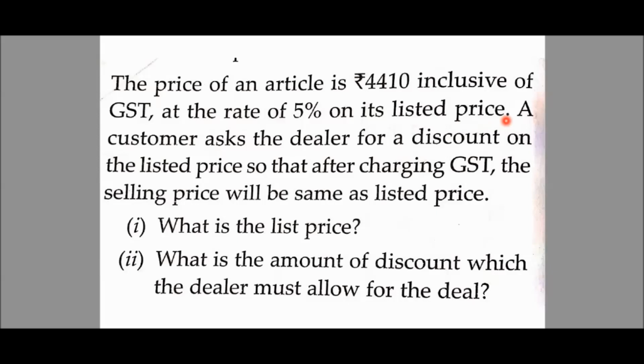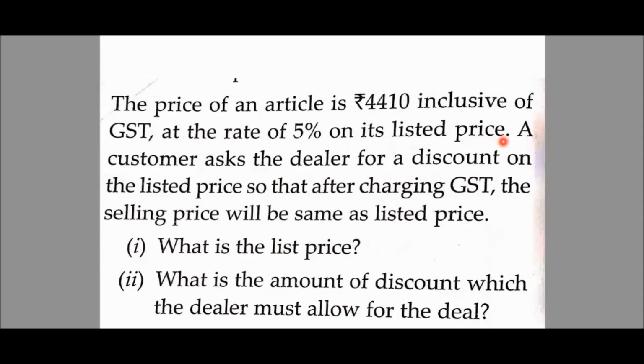On its listed price means the tax which has been calculated to arrive at the figure of 4410 has been calculated on the listed price. That means the shopkeeper has not given any discount to the customer. So the marked price, the listed price of the object, became the selling price, and on that listed price the tax has been calculated. Over here I'll stop.